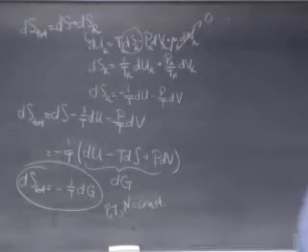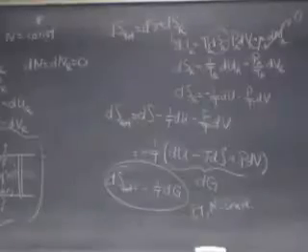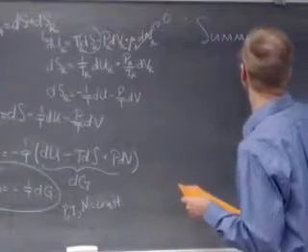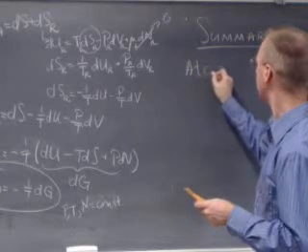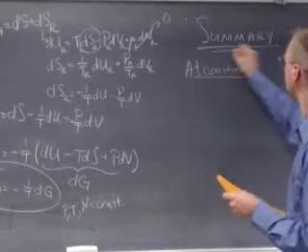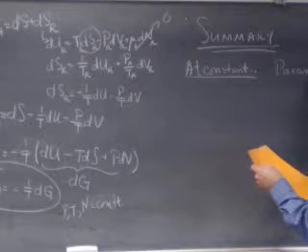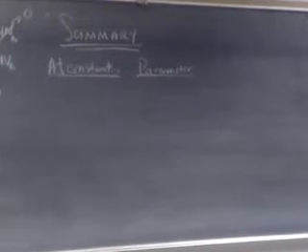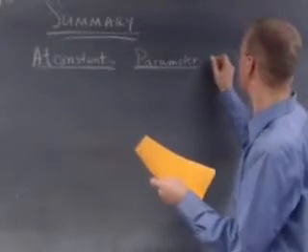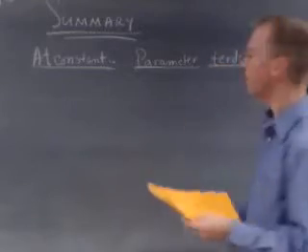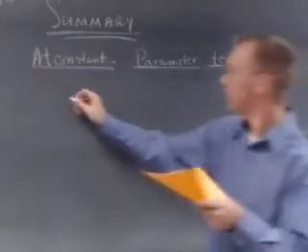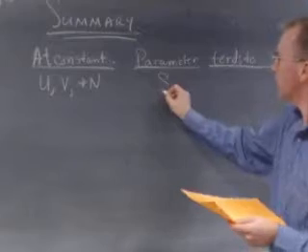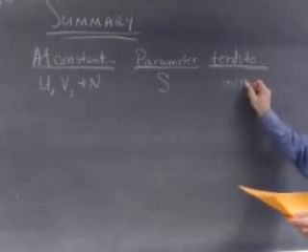All right, so a summary then. At constant energy, volume, and number for a system, the entropy tends to increase.